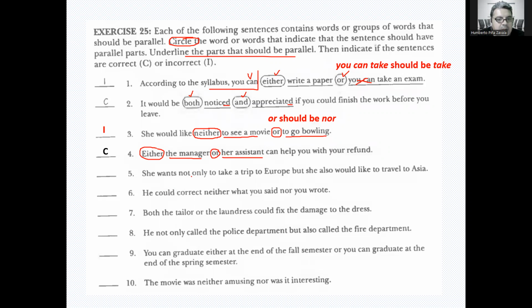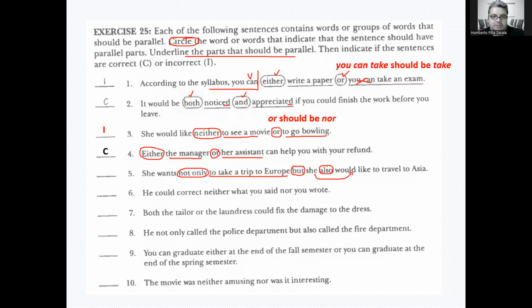Wrong. She wants not only to take a trip to Europe, but also would like to travel to Asia. Yeah, I can see there's no parallel. It's not only, but also.